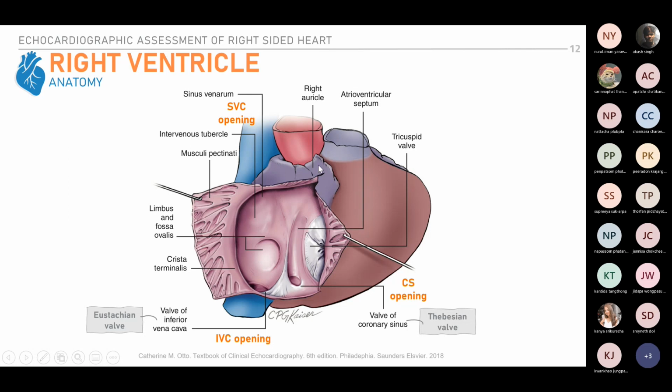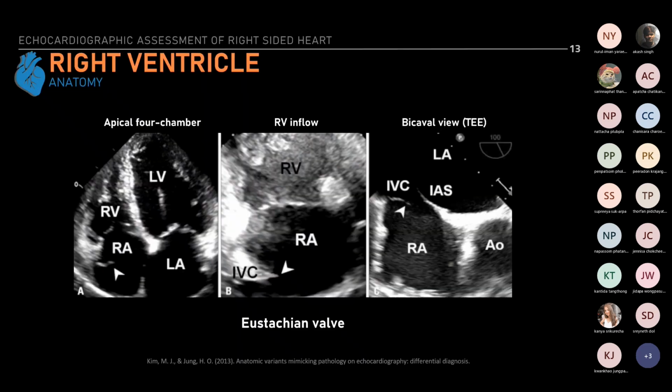And the right atrial appendage is not visualized on 2D transthoracic echocardiography. And these are normal structures seen on echocardiogram on the right side.